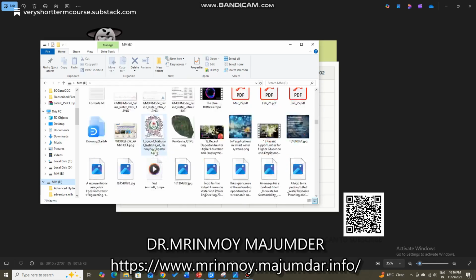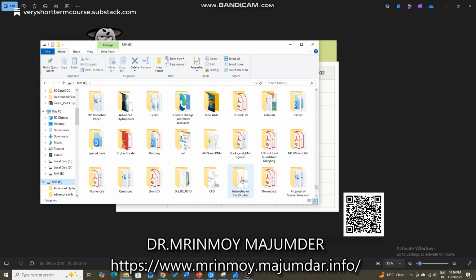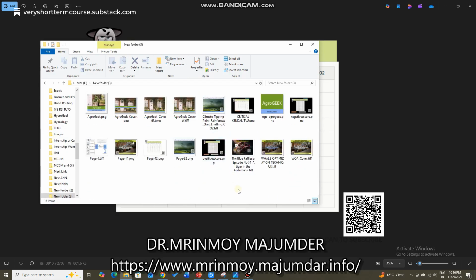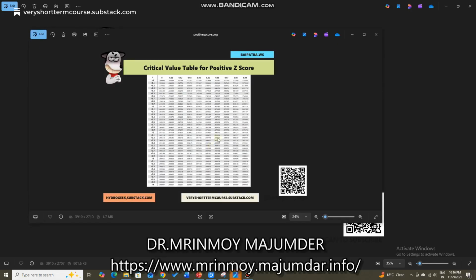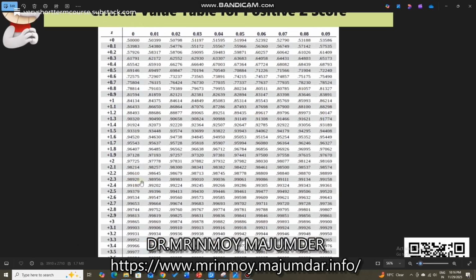Let's just wait. This is the critical value table for positive Z score. You see, here is the table.